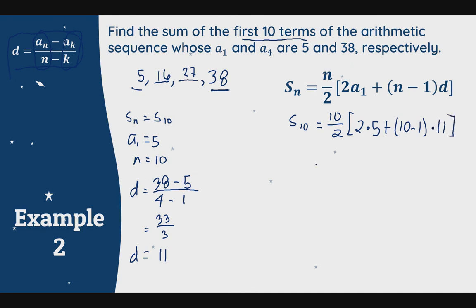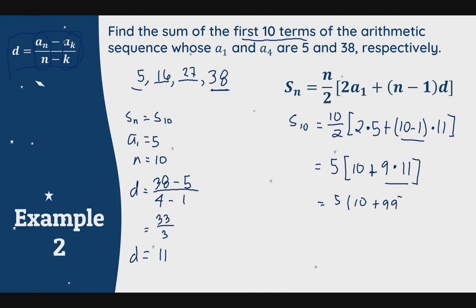So, 10 over 2 is 5 times 2 times 5 is 10 plus 10 minus 1 is, very good, 9 times 11. So, close natin yan. 9 times 11 is, very good, 99. So, we will just copy 5 times 10 plus 99.